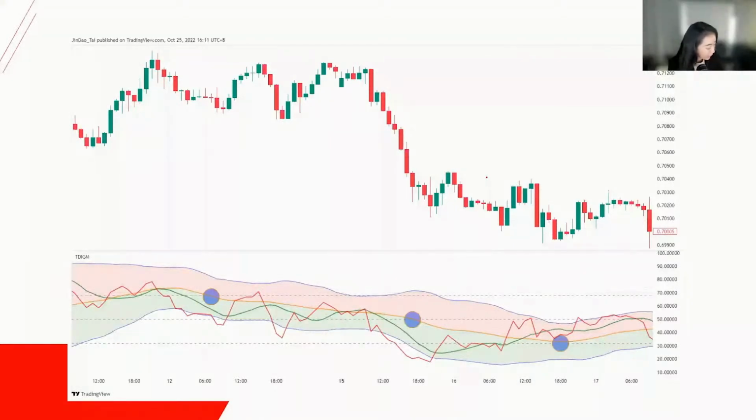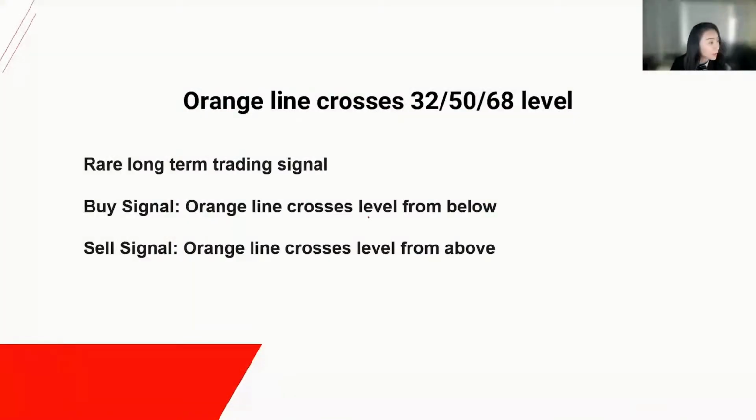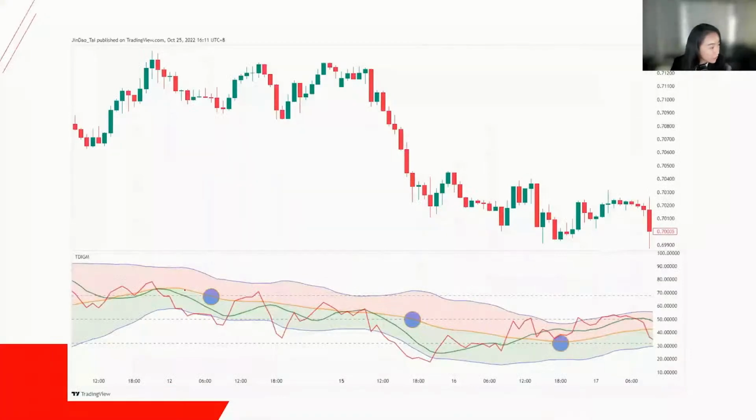So you can see when the orange line crosses the level from below. And the point that we circled in blue is where the orange line crosses from above, which is a sell.